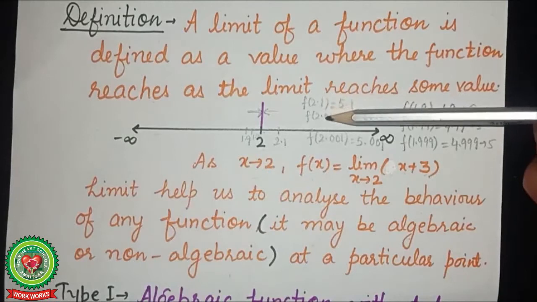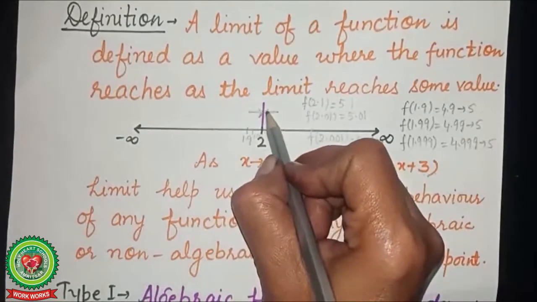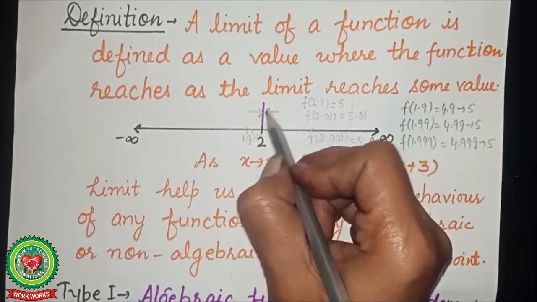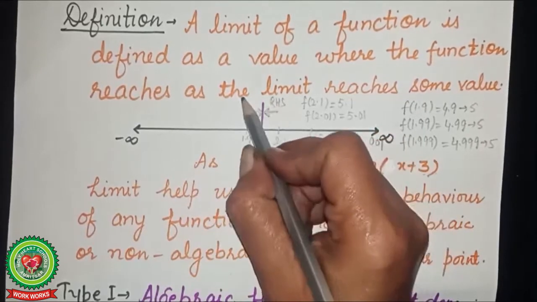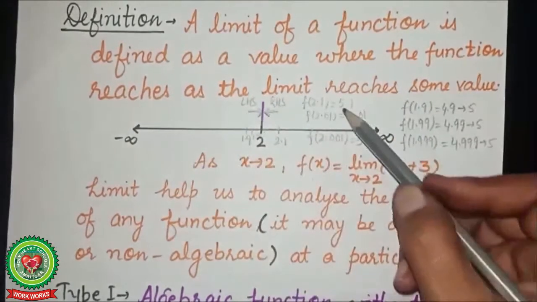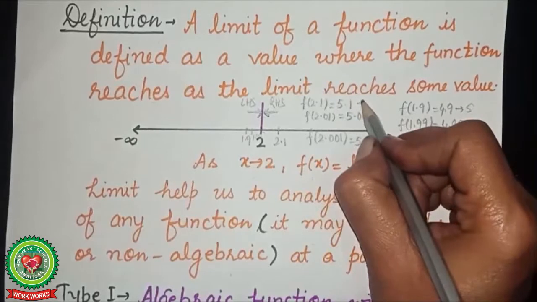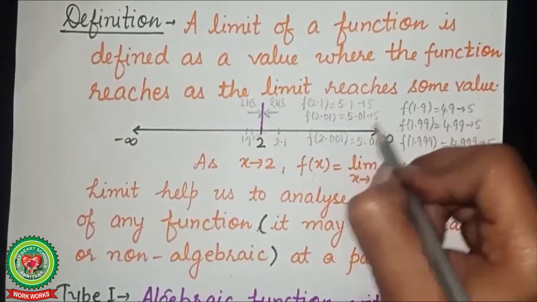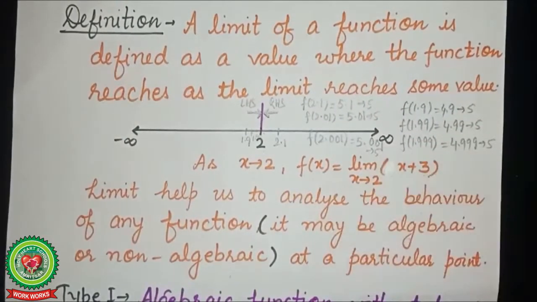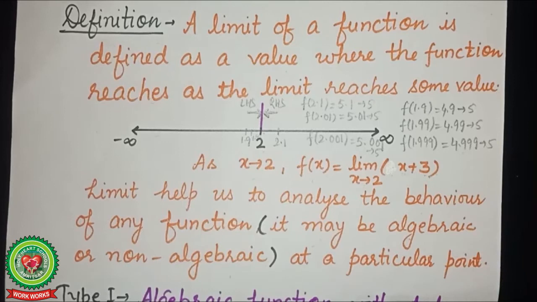Now, again you can see the behavior of the function. As we are moving closer to the point 2 from the right hand side, its values are again approaching 5. So this is the behavior of the function as we move to a particular point from the left hand side or from the right hand side.